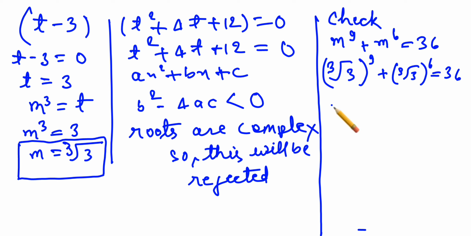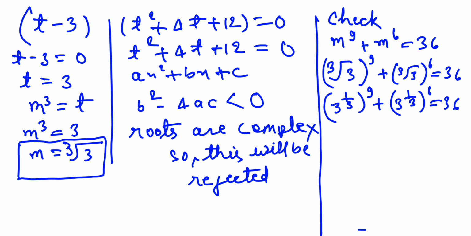Next we write cube root of 3 as 3 to the power 1 by 3, so (3 to the power 1/3) to the power 9 plus (3 to the power 1/3) to the power 6 is equal to 36.